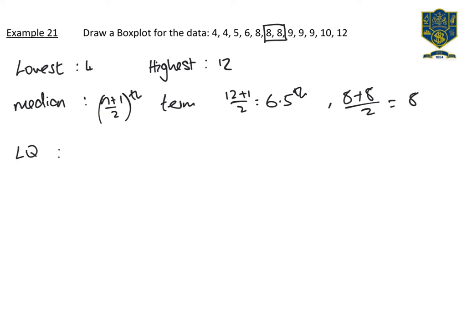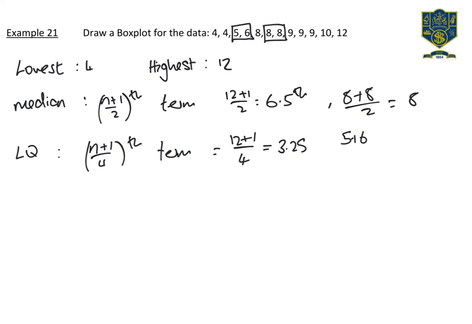The lower quartile is the n plus 1 over 4 term. That's 12 plus 1 divided by 4, which is 3.25. So we look between the third and the fourth term, which is the 5 and the 6. So we do 5 plus 6 divided by 2, which is 5.5. So the lower quartile is 5.5.